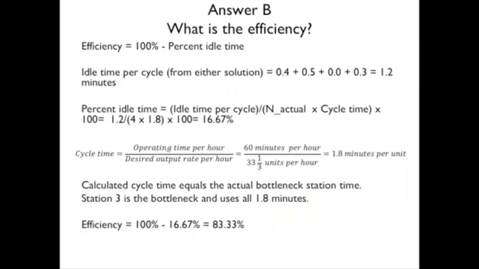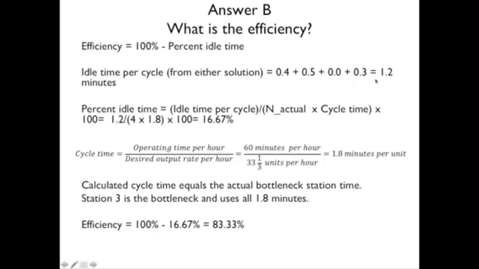So the next question was, what is the efficiency? The efficiency is 100% minus the idle time. So the idle time per cycle, if you look at this, you essentially take 1.8 minus whatever the time was. So you add those together. Station A is 1.8 minus 4.